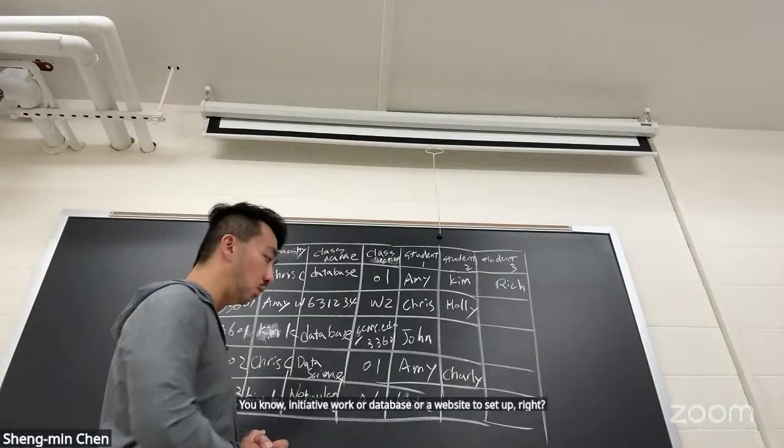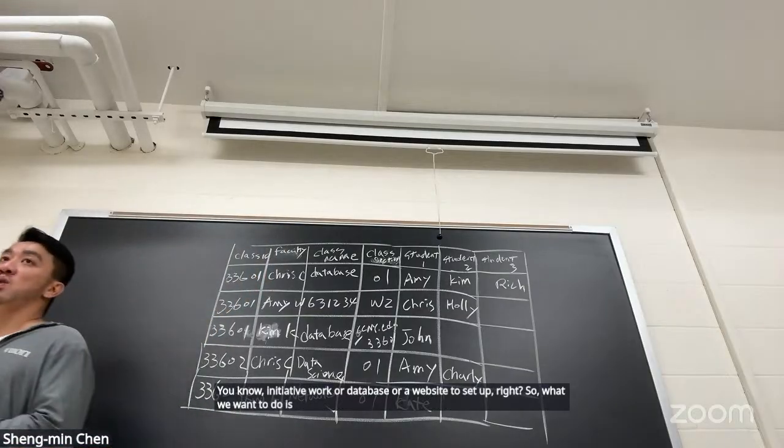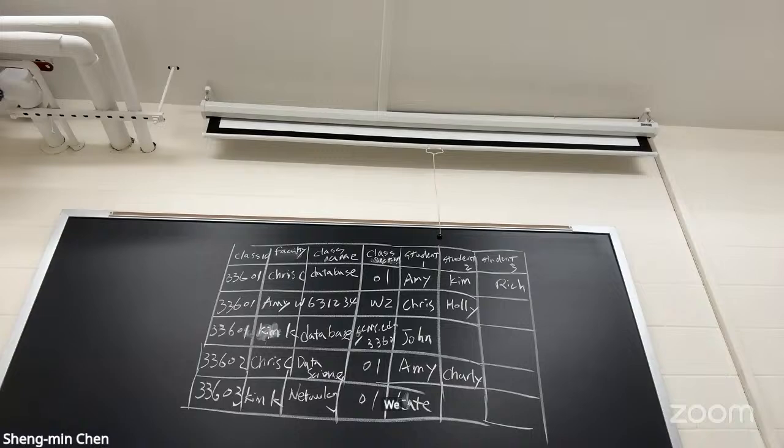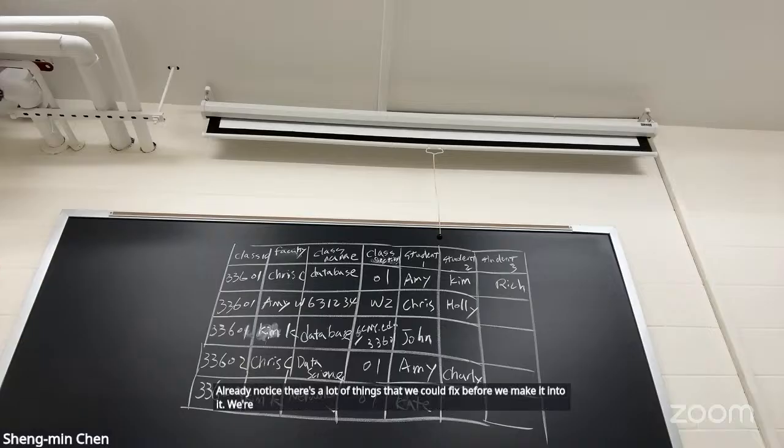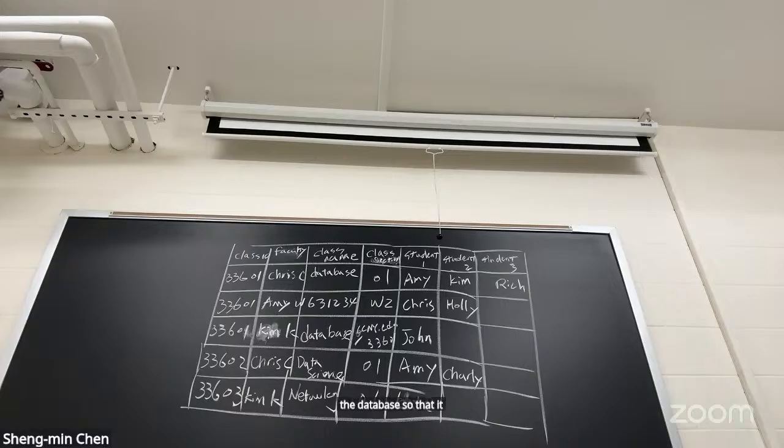So what we want to do is we have this, and obviously I don't know if you already noticed, there are a lot of things that we could fix before we store it into the database. Because obviously we want to design the database so that it is better and there's no redundancy, and it also conforms to different normalizations.